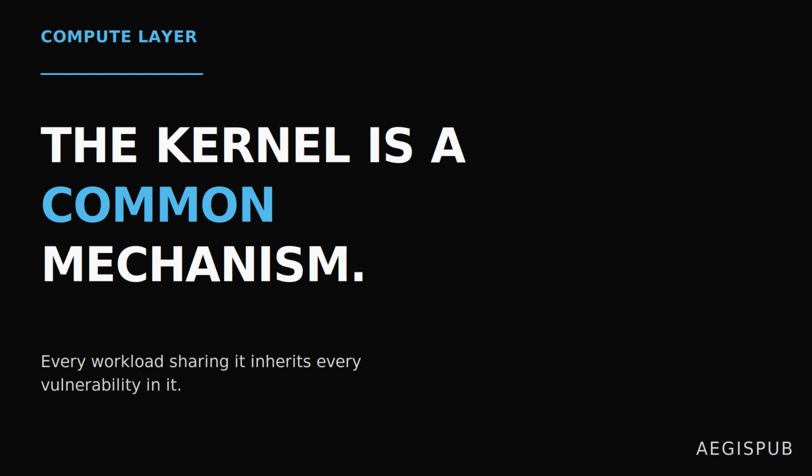A shared hosting environment running multiple customer web applications on the same PHP process shares the runtime interpreter between all of them. The security consequence at each of these layers is different in specifics, but identical in structure. The hypervisor, the kernel, the runtime, each is a common mechanism. A vulnerability in that mechanism is a vulnerability that every workload sharing it must inherit.